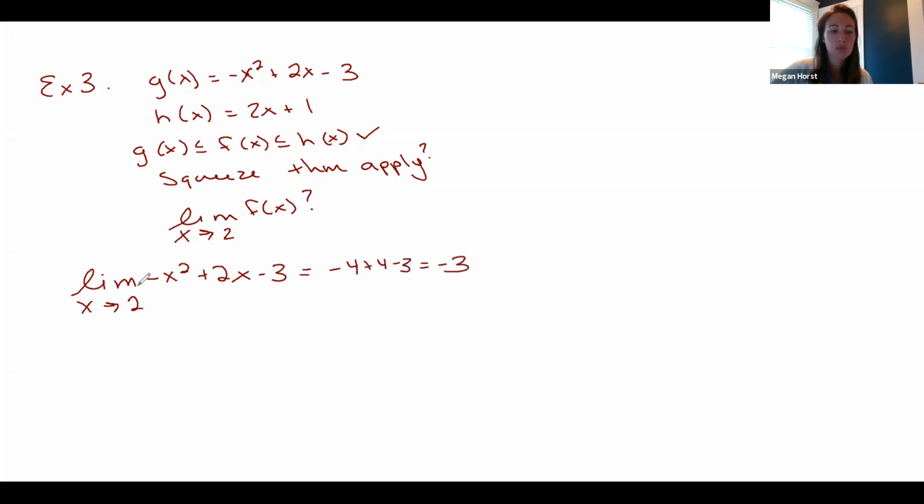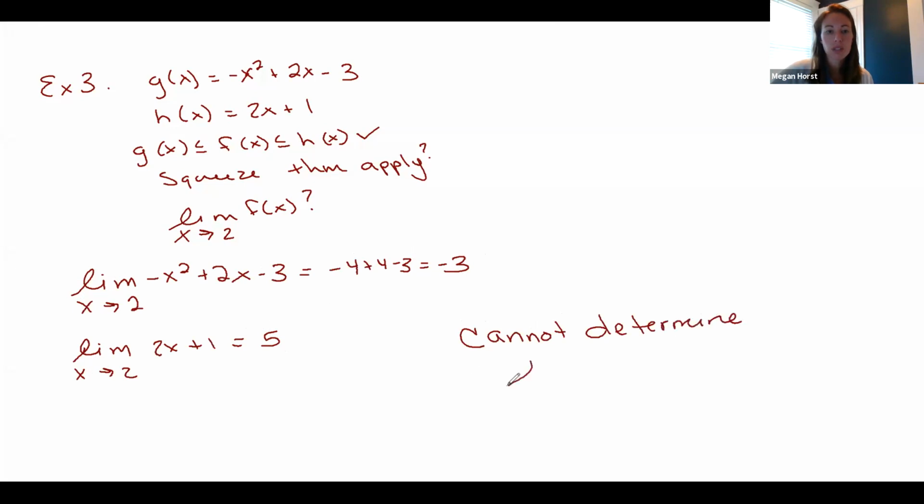So I get negative 3 for g of x. And the limit as x approaches 2 of h of x is going to be 5. So since these two limits do not equal each other, we cannot determine the limit as x goes to 2 of f of x.